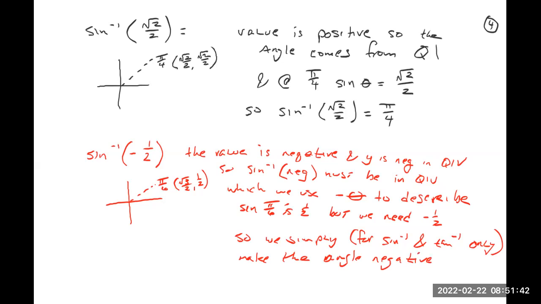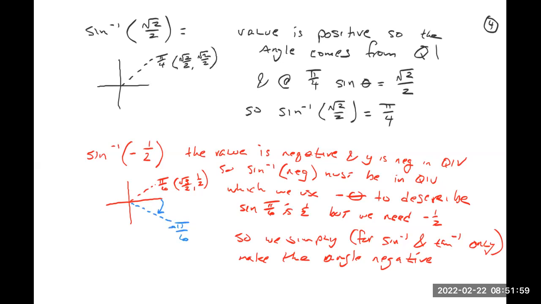All right, so instead of going in a normal counterclockwise manner, we're going to go the exact same distance, but we're going to go clockwise. And we would say -π/6.